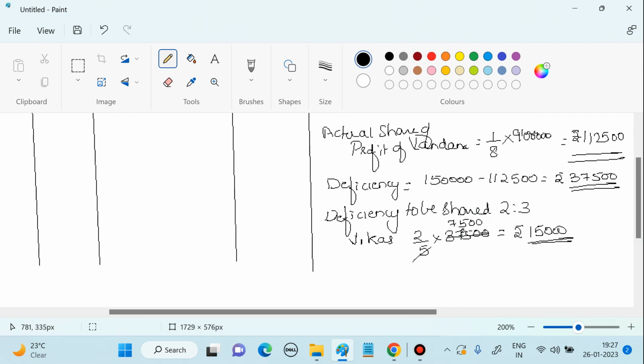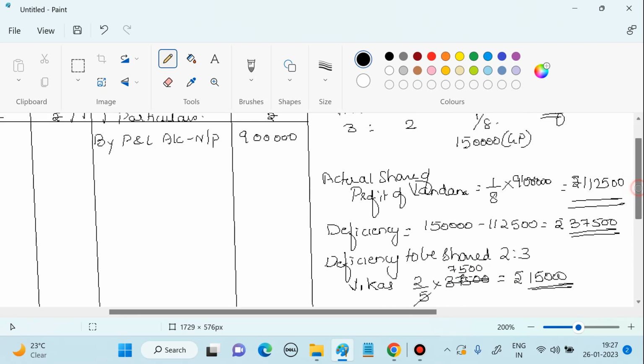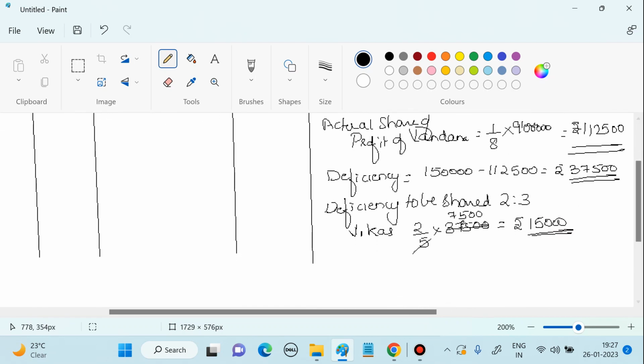And the other person, Vivek, 3/5 of 37,500. That would be 7,500 into 3, 22,500. So this is how deficiency is going to be divided. Clear?